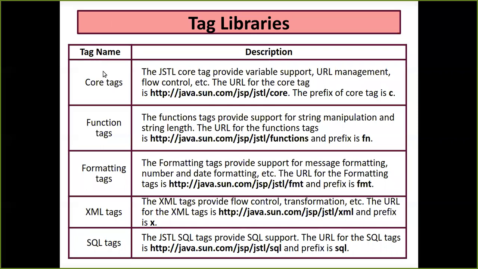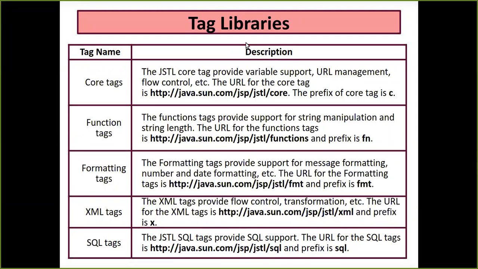When I talk about the core tags, these are the tags that deal with variable declaration. You can set values for your variables and display the values of the variables. You can pass a URL.